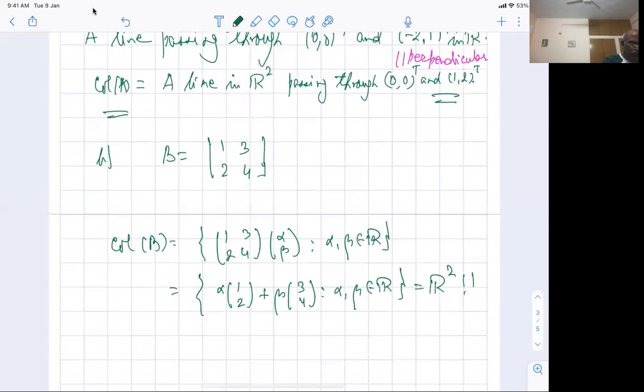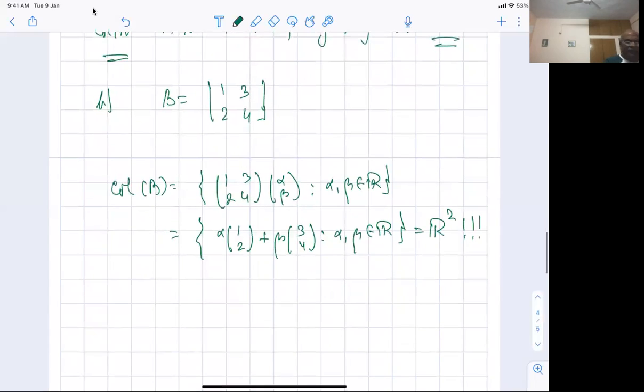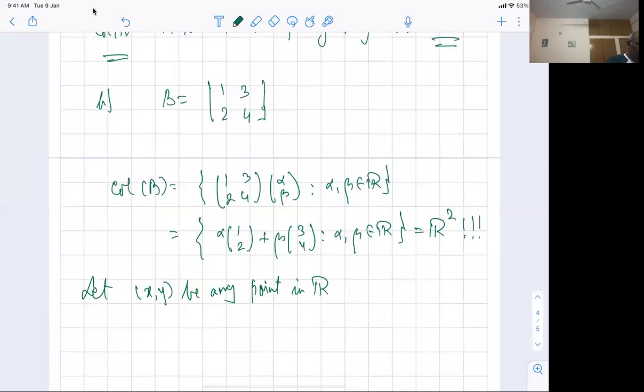Okay. So the question is, why do you get the whole of R2? So let's take any point. Let x comma y be any point in R2.